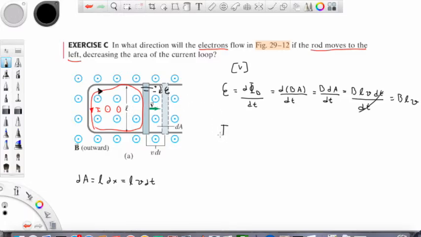So the magnitude of the current must be the voltage source, or the value of the potential, divided by the resistance of the loop. This whole loop is a conductor that has some resistance. So epsilon we found was BLV, and then the resistance R. So the smaller the resistance, the higher the current would be in the loop.